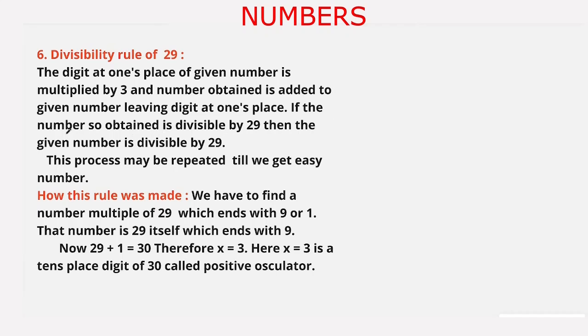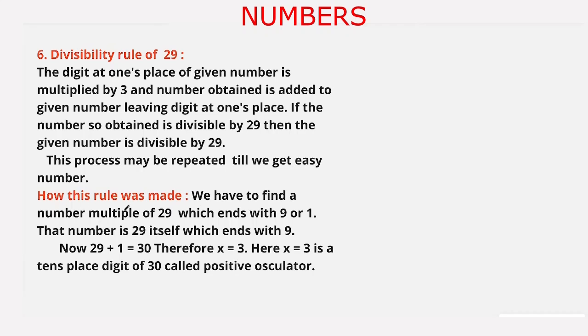If the number so obtained is divisible by 29, then the given number is divisible by 29. This process may be repeated till we get an easy number.